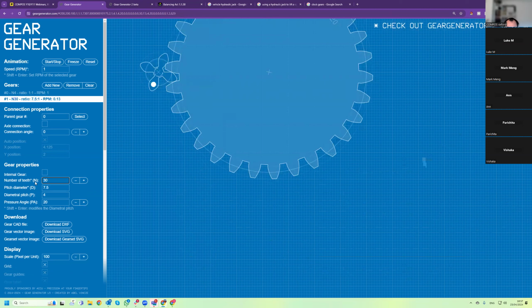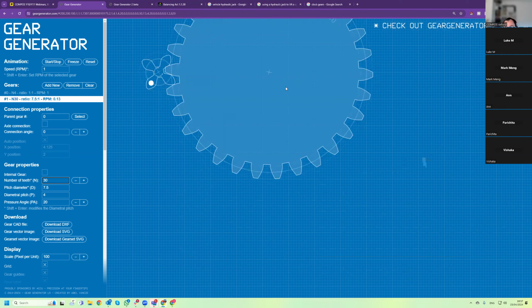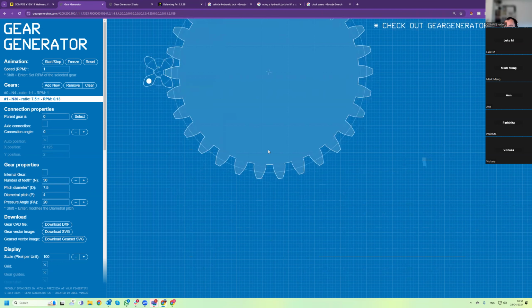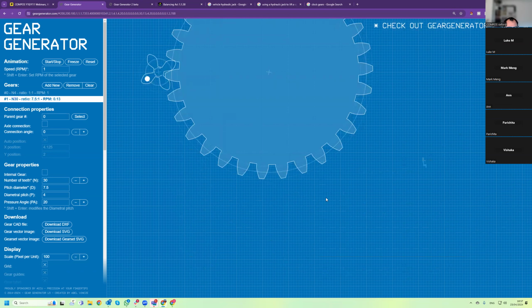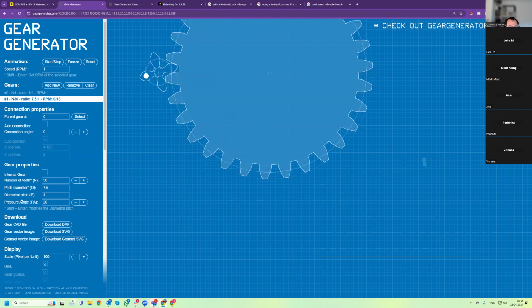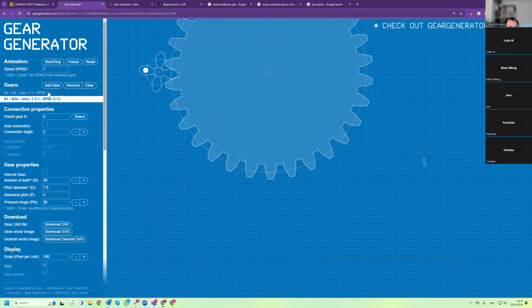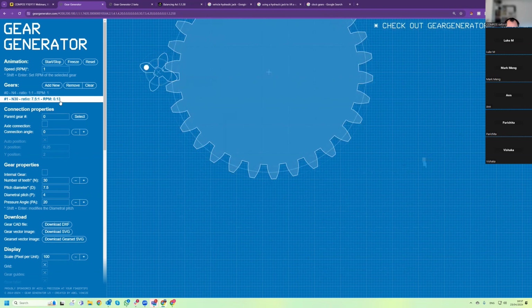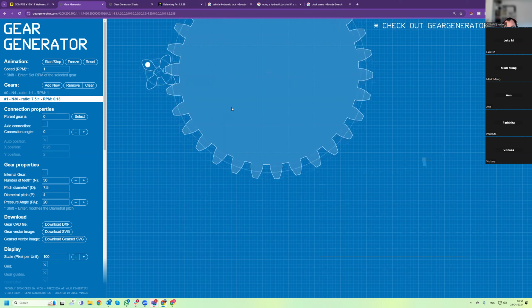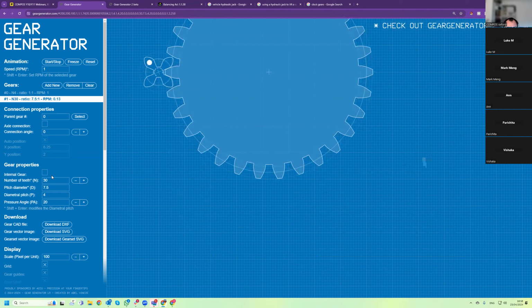Okay, that's fair enough. We have 30 teeth. So if this goes at 1 RPM, this goes at 0.13 RPM. And we want to add a new one.